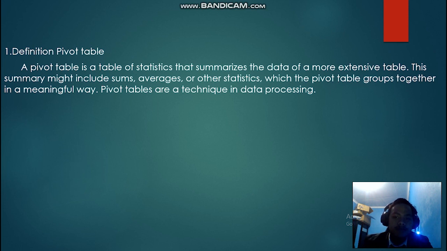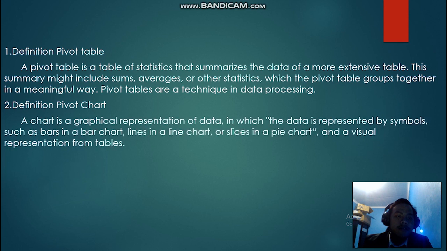Pivot tables are a technique in data processing. Definition of pivot chart. A chart is a graphical representation of data, in which the data is represented by symbols such as bars in a bar chart, lines in a line chart, or slices in a pie chart, and a visual representation from a table.